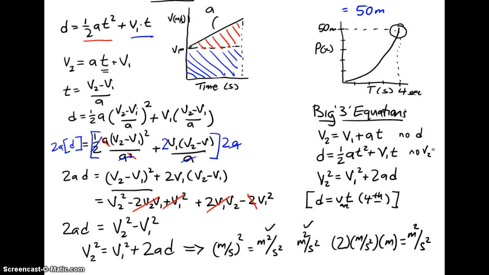That's going to be helpful because if we have to solve a problem, we don't have that information, we don't need the information. This last one, velocity 2 squared is equal to our initial velocity, velocity 1 squared, plus 2 times acceleration times distance, and there's no t. And sometimes the fourth equation here, the one for constant velocity motion: distance is equal to average velocity times time.